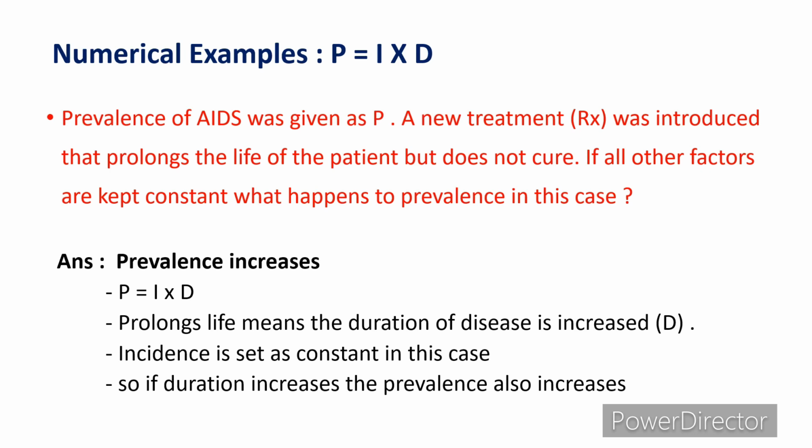If all other factors are kept constant, what happens to the prevalence in this case? Let's break this down. When we use the words prolongs the life, the duration of the disease is increasing, right? Incidence is constant in this case, as they already said all other factors are kept constant. So by using the equation, prevalence equals incidence into duration, incidence is constant and the duration of the disease increases. So automatically the prevalence also increases.